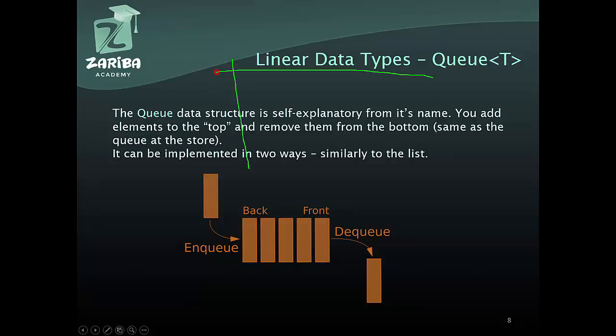So let's have an array with elements. Okay, so I put an element here, one here, one here, one here, and let's say that I want to remove an element. I would just remove the first one, right?